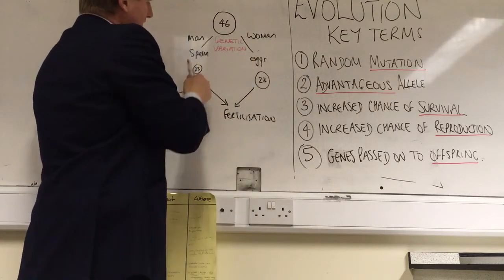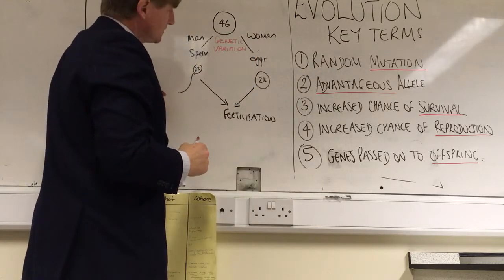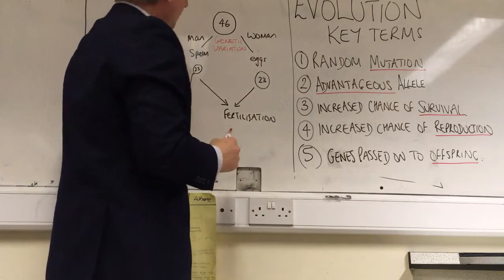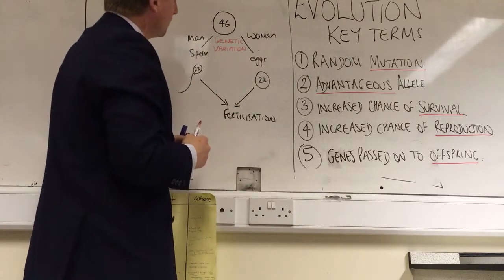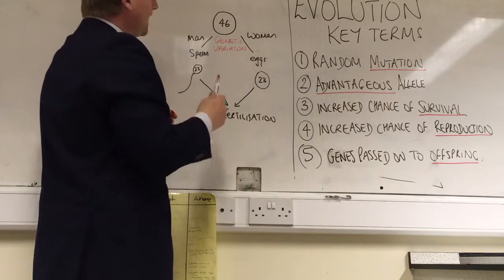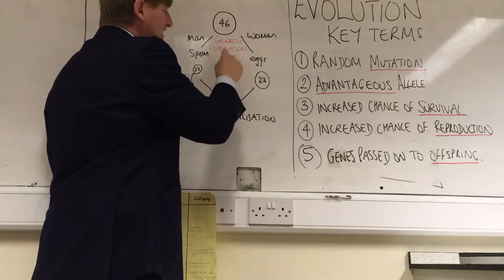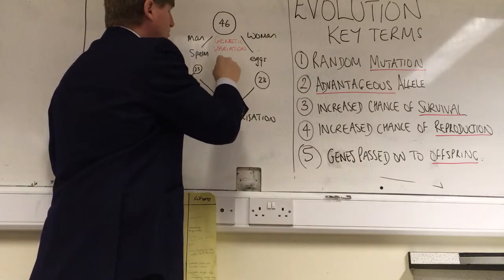And that means every sperm is different and every egg is different. And there can be just some natural variation, but there can also be, in the production of these sperm and eggs, a change in the DNA. Mutations.